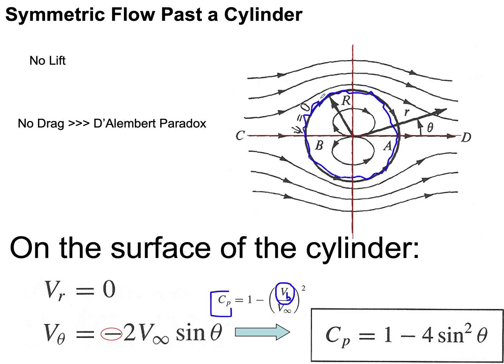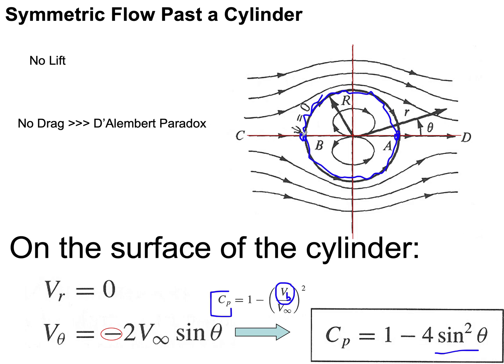And what you'll notice is that the pressure distribution is 1 minus 4 sine squared theta. Sine theta can go from +1 to -1. So when sine theta is equal to 0, I'm going to get the stagnation point. That's the maximum pressure I'm going to get.